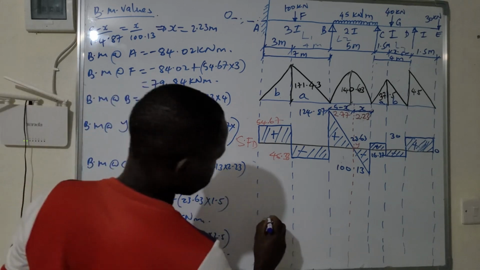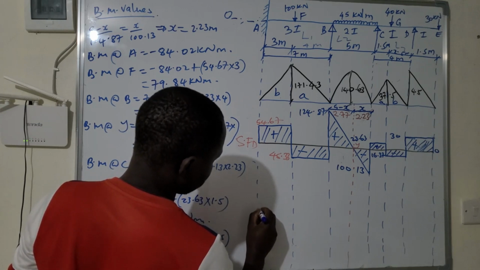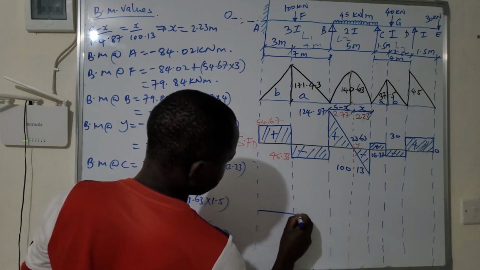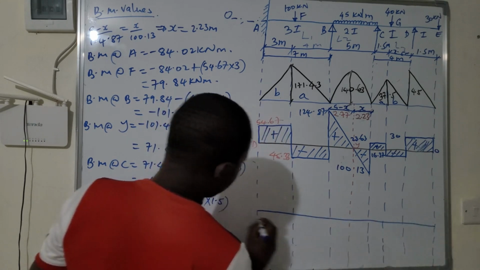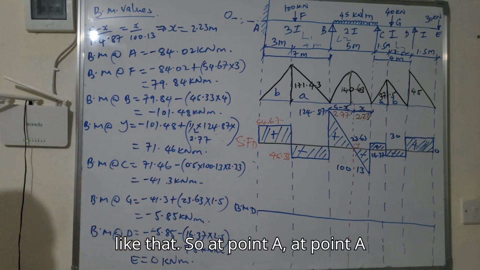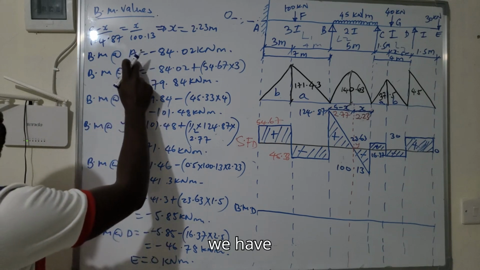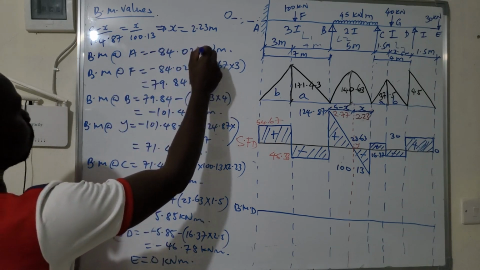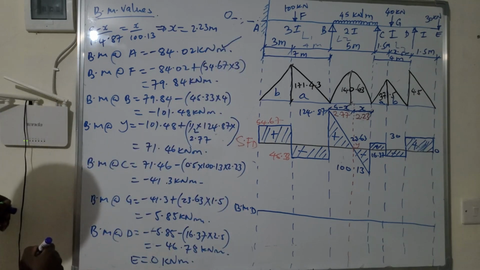BMD, like that. So at point A, we have 84.02. So 84.